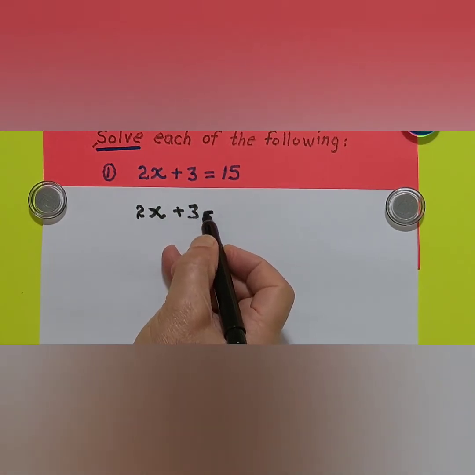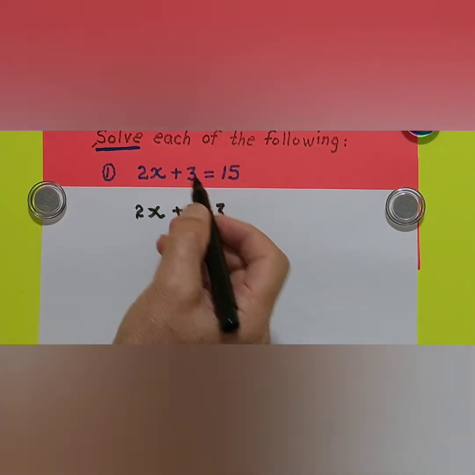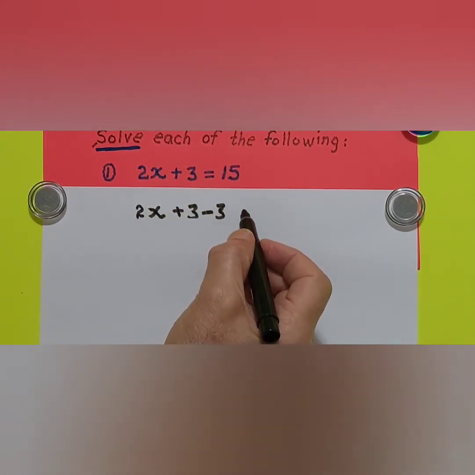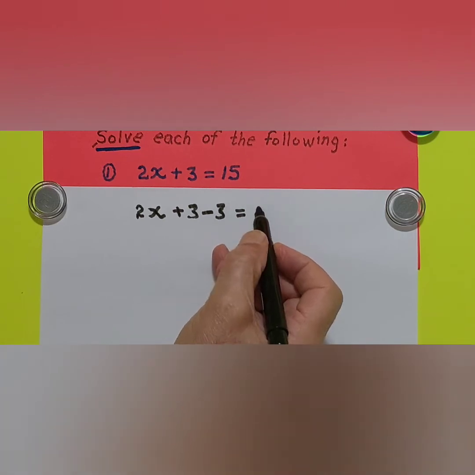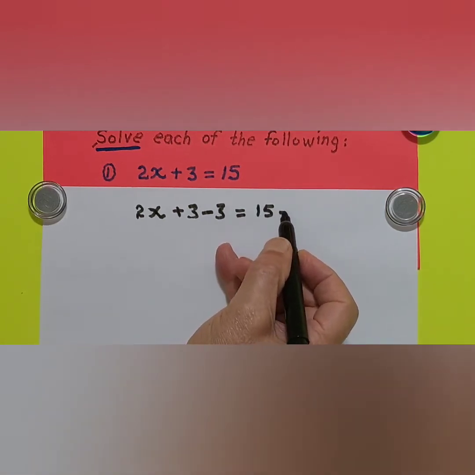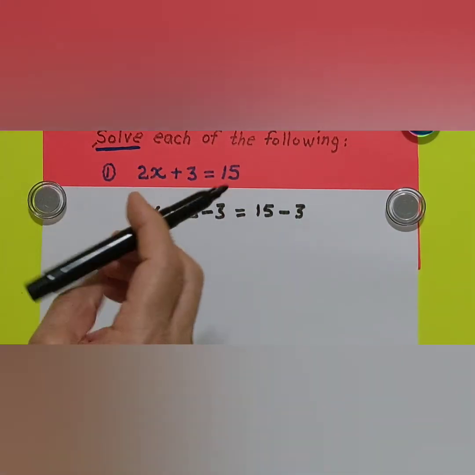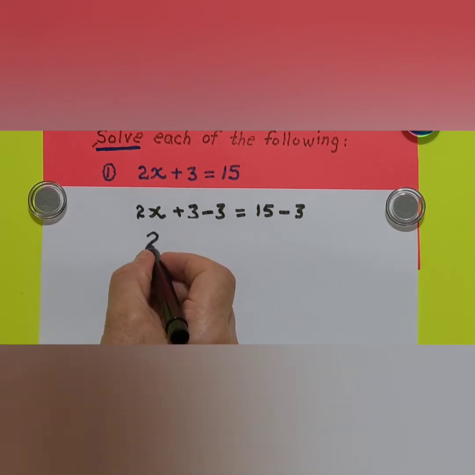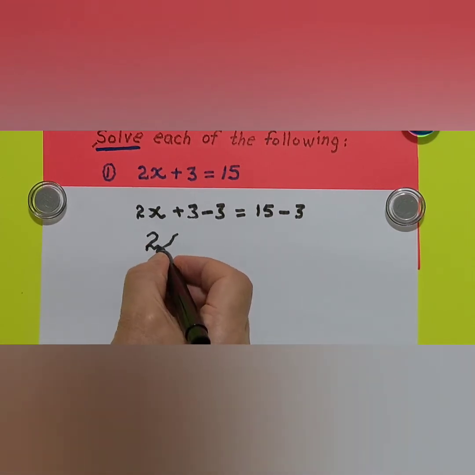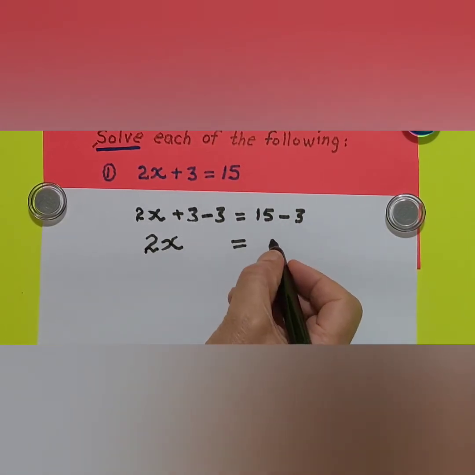We just add -3 after them in this side, and we will do the same thing on the other side. That means here we write 15 minus 3. So we write 2x on this side, and the other side gives me the result for this, which is 12.